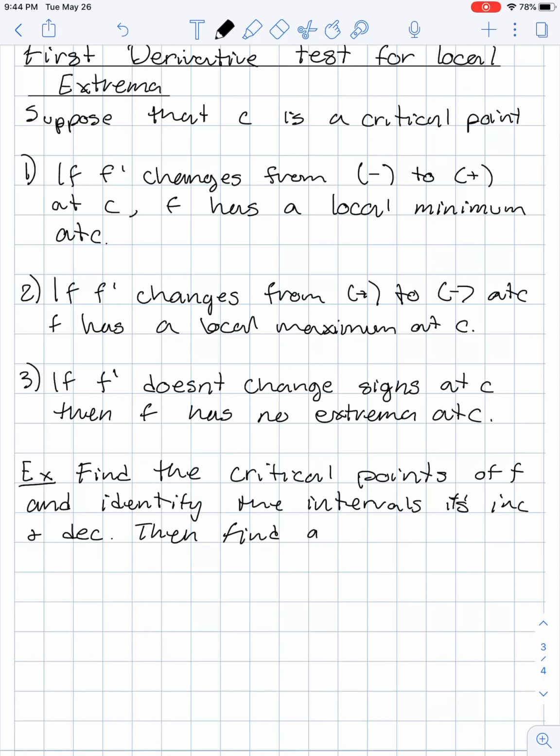Then find all local and absolute extrema. A big to-do list, but we can do it.